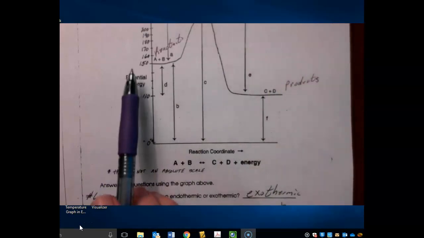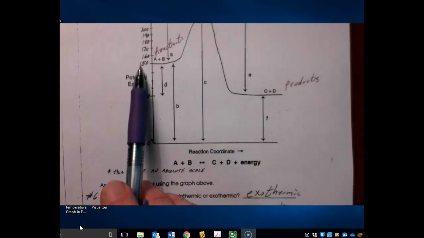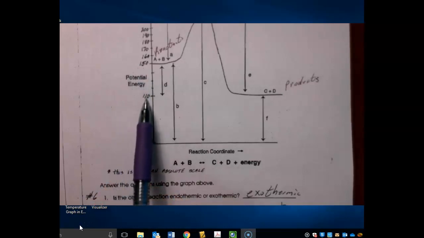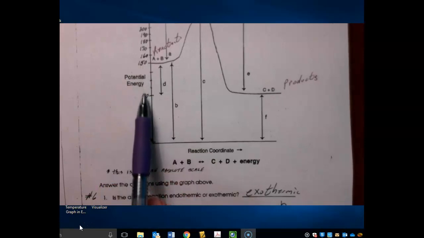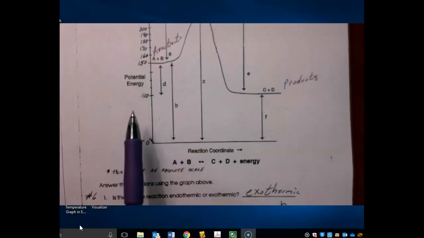On this graph, the reactants have an energy of 150, and the products have an energy of 110, so the difference between those 2 numbers would be 40. And since we know this was an exothermic reaction, minus 40 was the heat of reaction.